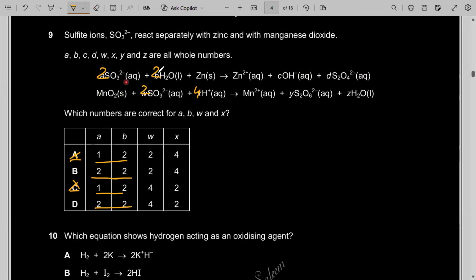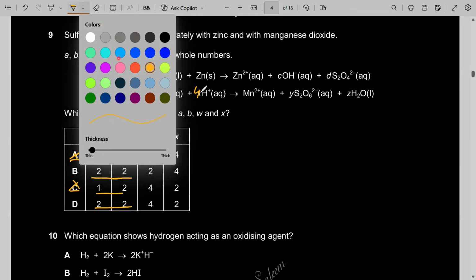Now, you do not need to check the first equation because it is already balanced. Just look at the second equation.